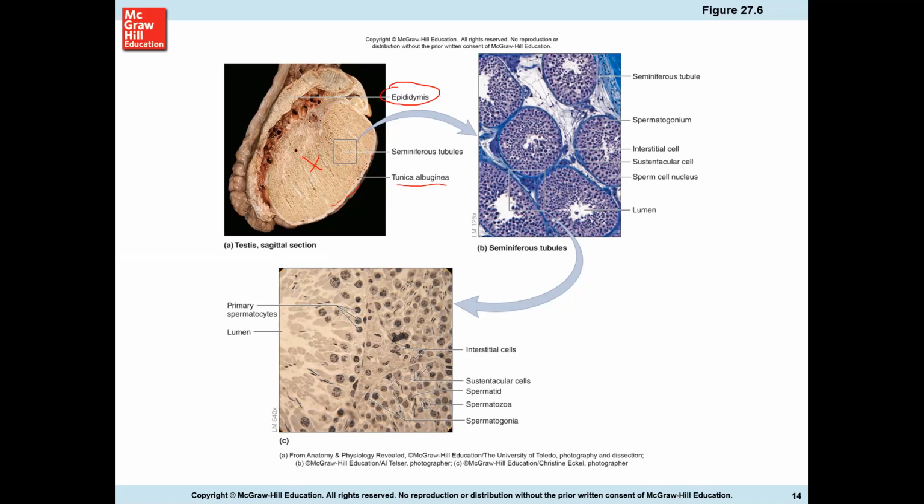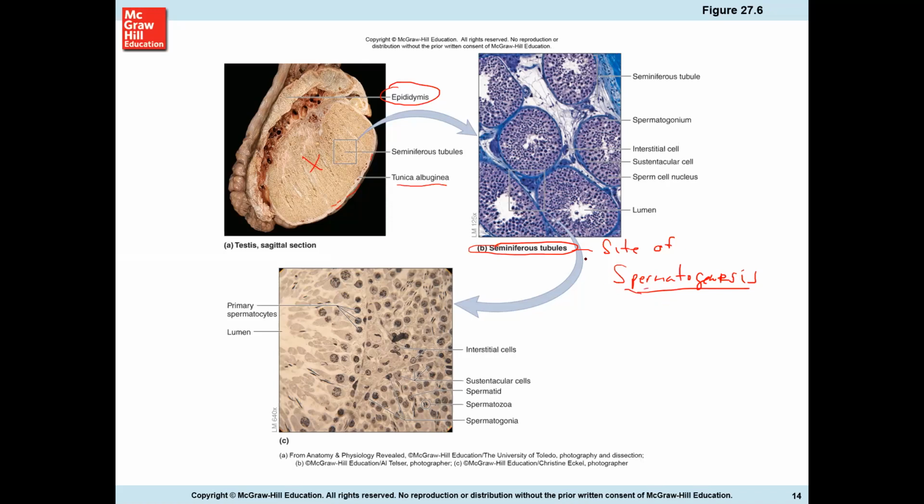It's outside the body. So again, in lecture, you're going to learn that within the testes, you have what's called seminiferous tubules. And seminiferous tubules are the site of spermatogenesis. And that's making sperm. And that's targeted by your FSH from your anterior pituitary.